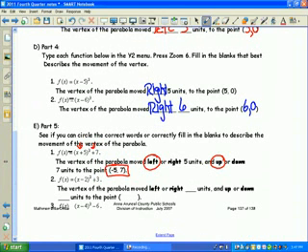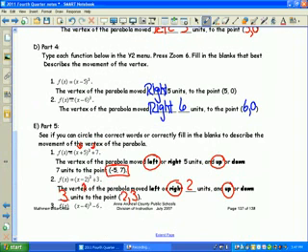So, are we moving left or right? We're moving to the right 2 units, because that's what's telling me right there. And then I'm moving up 3 units. So that means my point is 2, 3.